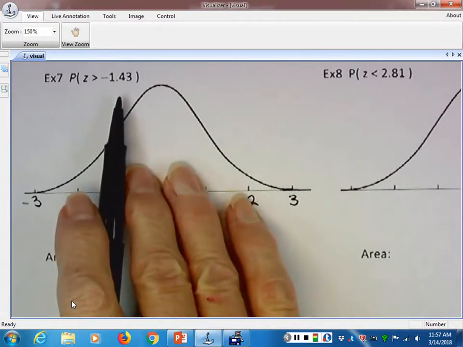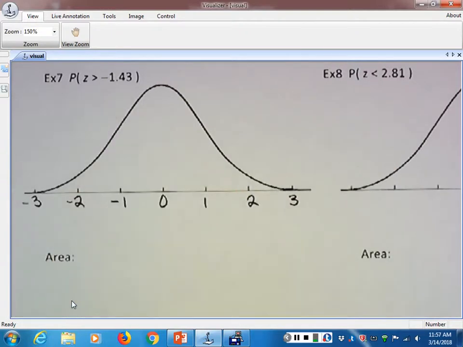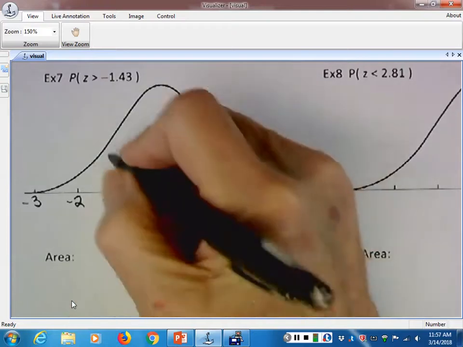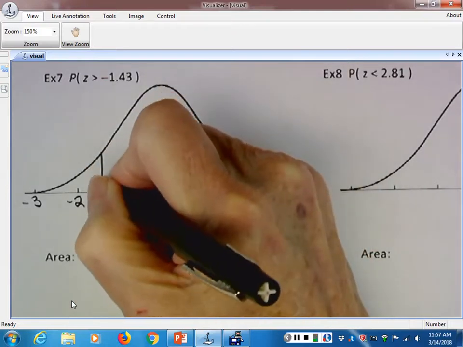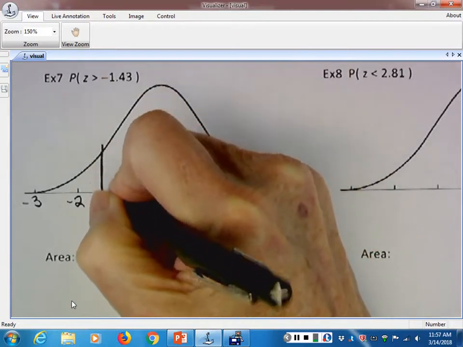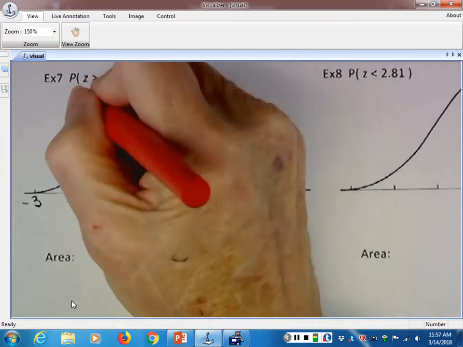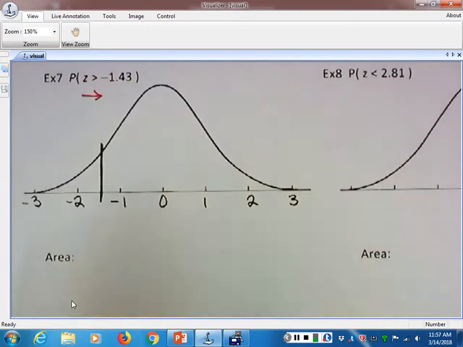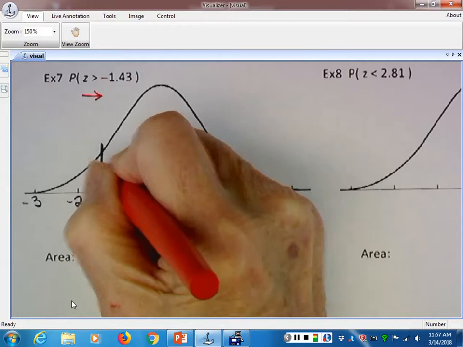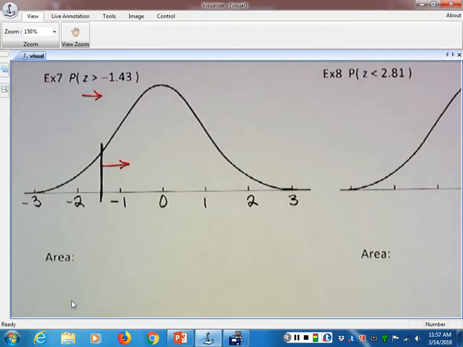Negative 1.43 is between negative 1 and negative 2. When we look at the sign, it points to the right. That tells you that from that line you are going up.